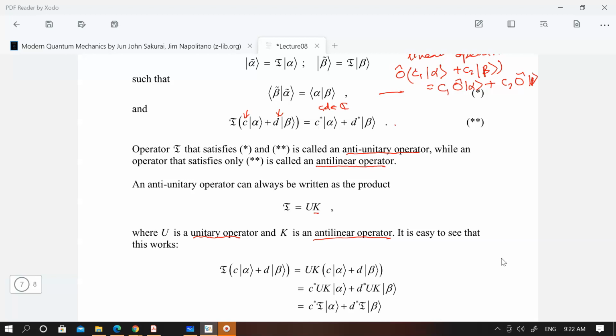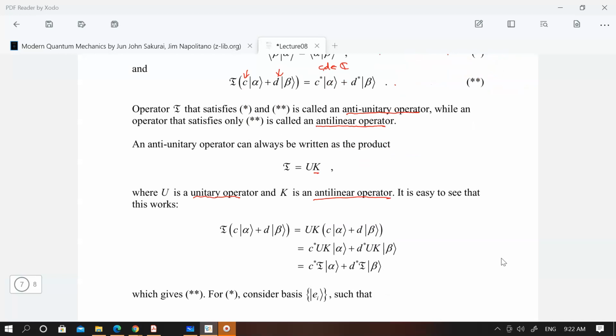If we do that, you can see easily that it works. Let's just do the one on the superposition. T is equal to UK. K will transform the coefficients C and D here to C star and D star.